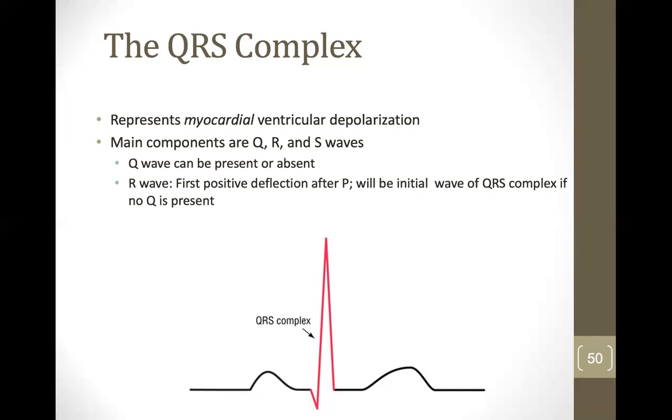The main components are a Q wave, which is what starts off the QRS complex right here, the R wave as a deflection, and then an S wave as it comes back down. The R wave is the first positive deflection that you'll see after the P wave. So that's kind of how you can shape it.